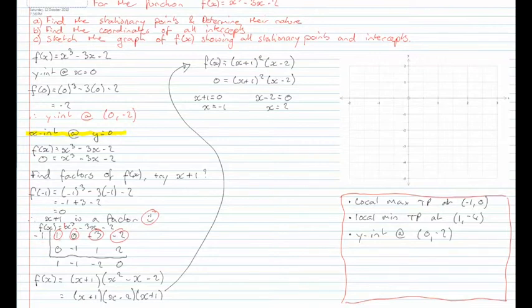So 1 plus 0 is equal to 1, 1 times negative 1 is negative 1. 0 plus negative 1 is negative 1, negative 1 times negative 1 becomes 1. Negative 3 plus 1 is negative 2, negative 1 times negative 2 is 2. Negative 2 plus 2 is 0, and that is our remainder, and we know it's a factor, so the remainder should always be 0.